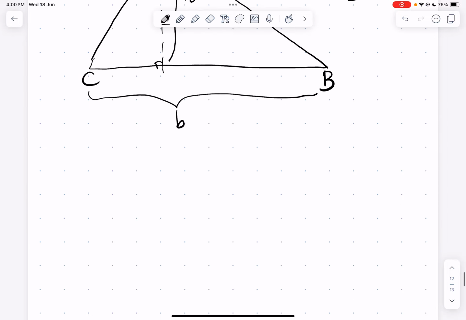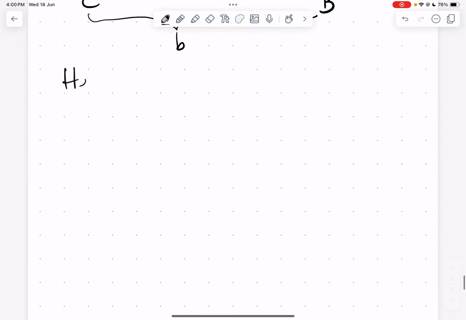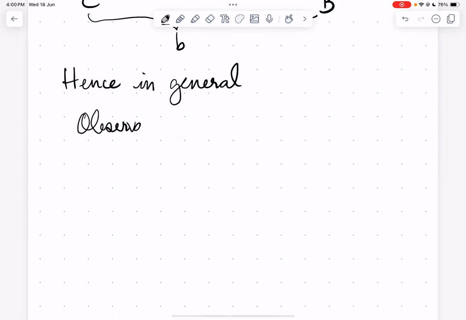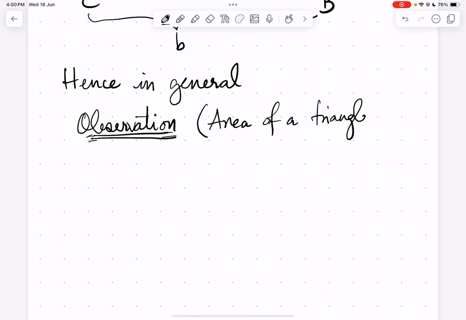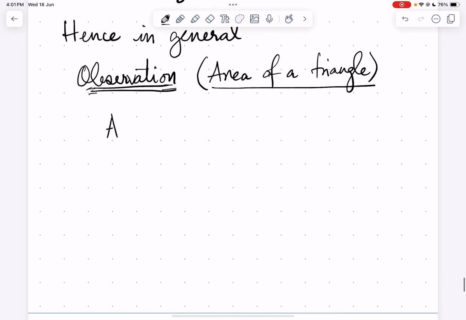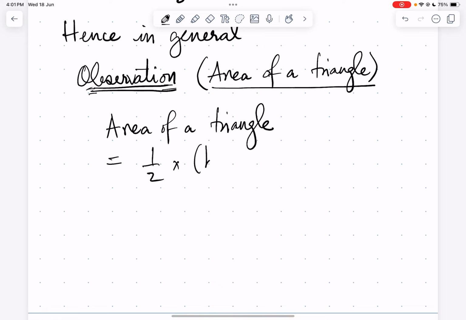Hence, in general, we have the observation: the area of a triangle is in general half times whichever base you choose times the corresponding height.